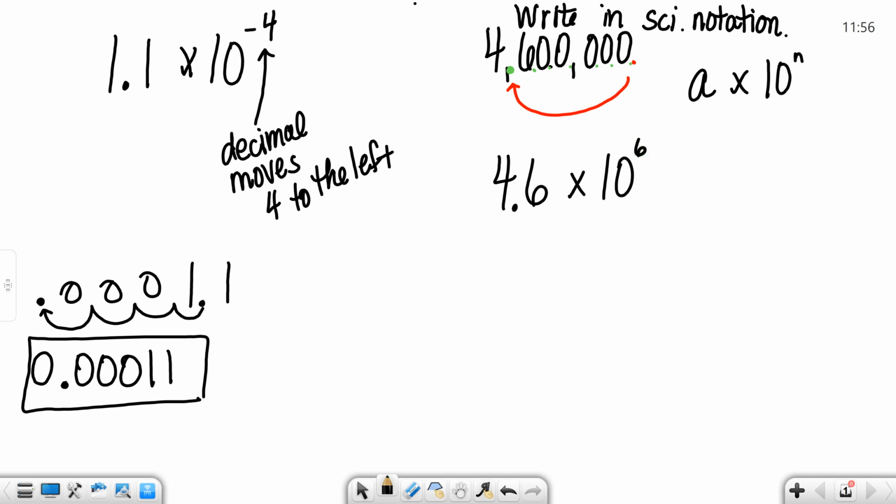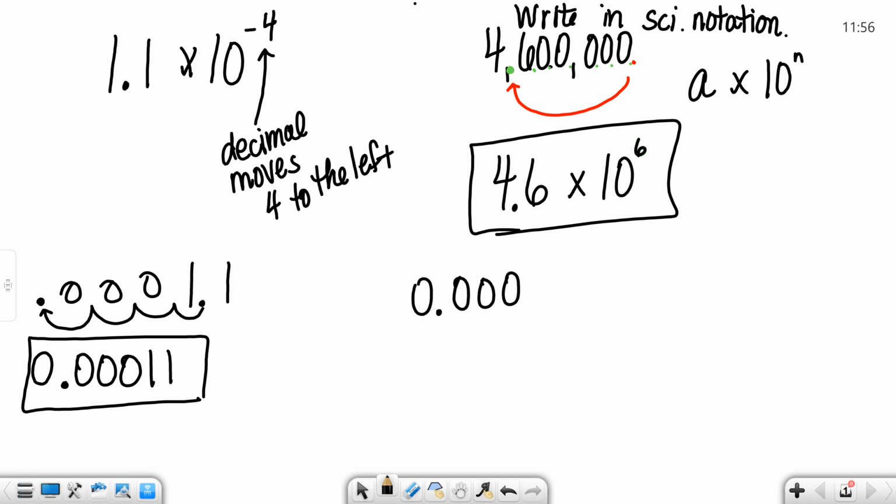Now, you can double check yourself and just make sure if you wrote scientific into standard, we would move this decimal 6 spaces to the right, which would put us back where we started. So this would be our scientific notation.